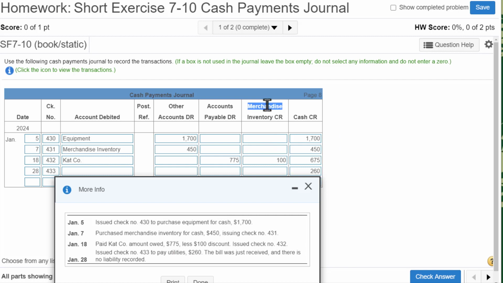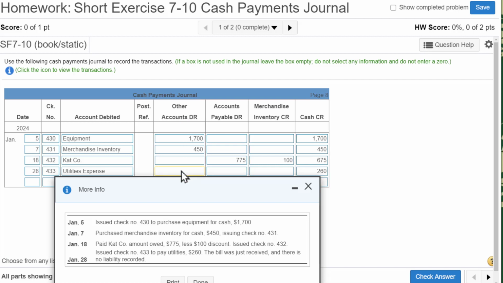Utilities. So let's see if there's a utilities expense column. There isn't. So we have to choose utilities expense over here, and then notice this cash is being credited, so we need a debit, and so we're going to use the other account's debit, and that is utilities expense going up by $260.